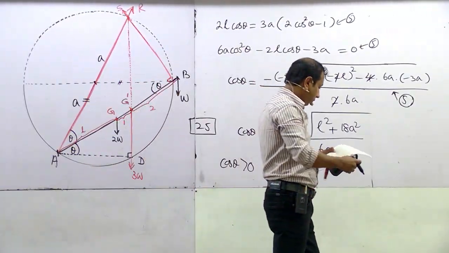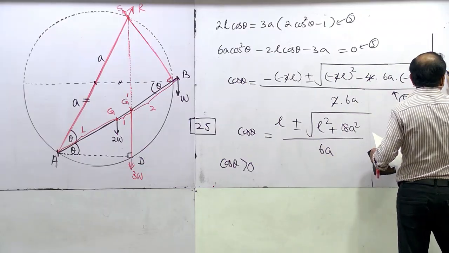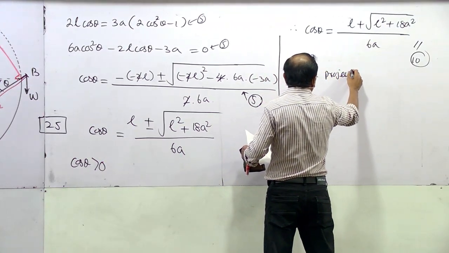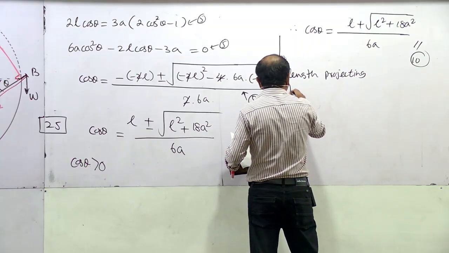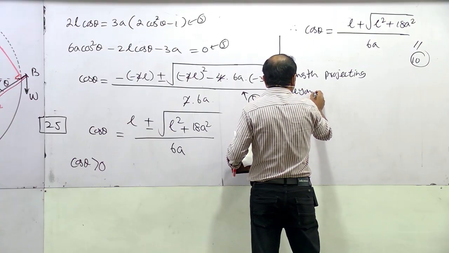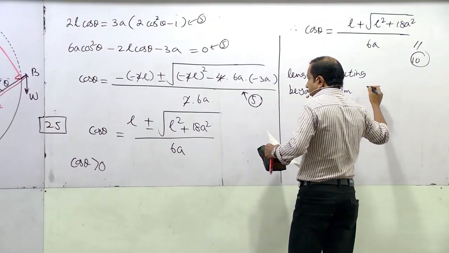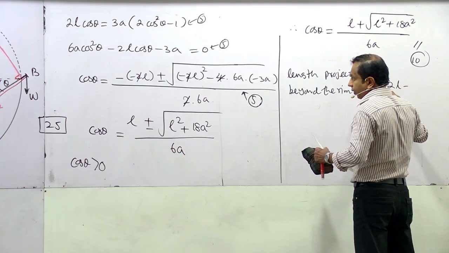Right, 2A cos theta. The length projecting beyond the rim is 2L minus 2A cos theta.